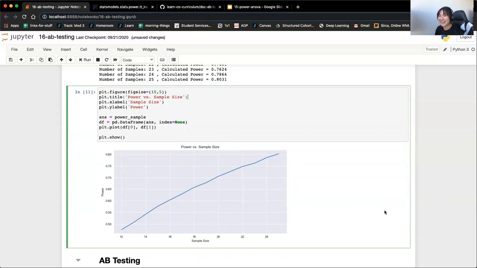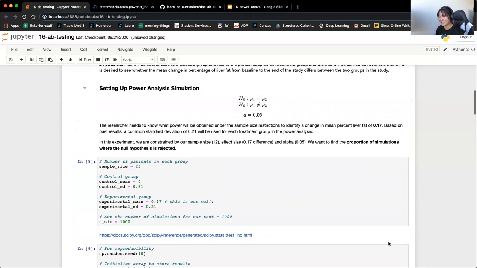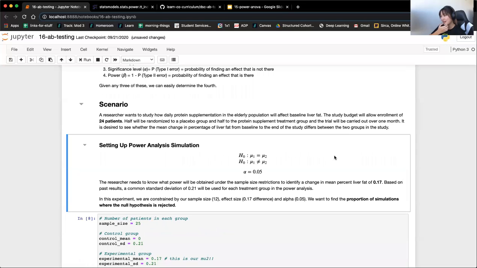Honestly, I am not too sure how liver fat is measured. I assumed it was a percentage to begin with, which is why we have this 0.17 difference, so we wouldn't have to deal with percentage change from a certain level.